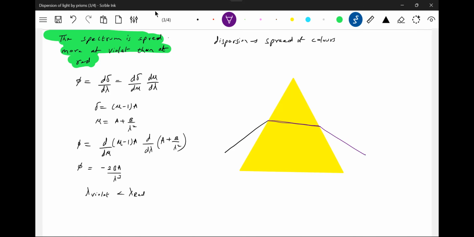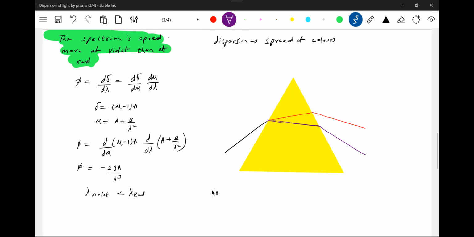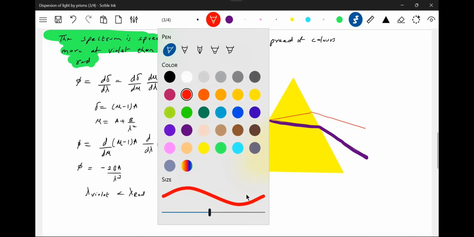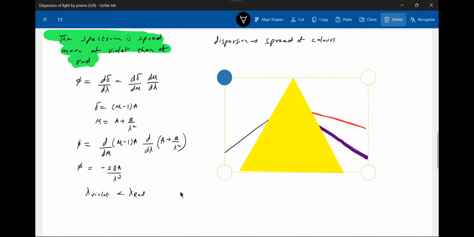So this spread will be more at violet, then the spectrum will spread more at violet than at the red. This may not be important, just some statement was needed.